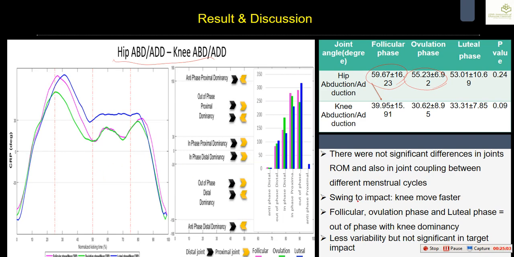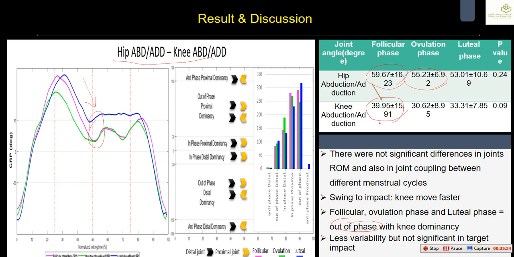And also we found that during swing phase, the knee moved faster, and the more coupling pattern in the three menstrual cycles was out of phase with knee dominancy. And again, we found less variability, but not significant, in target impact.